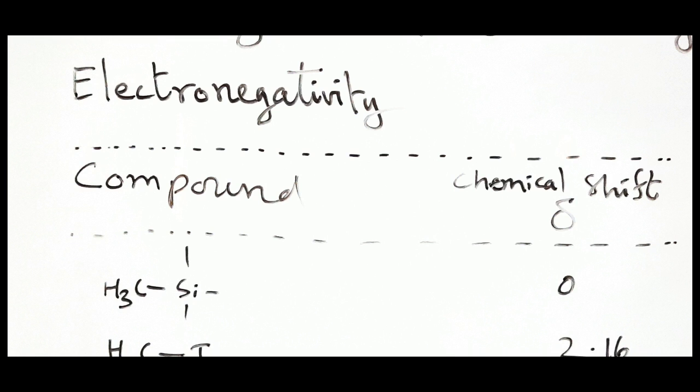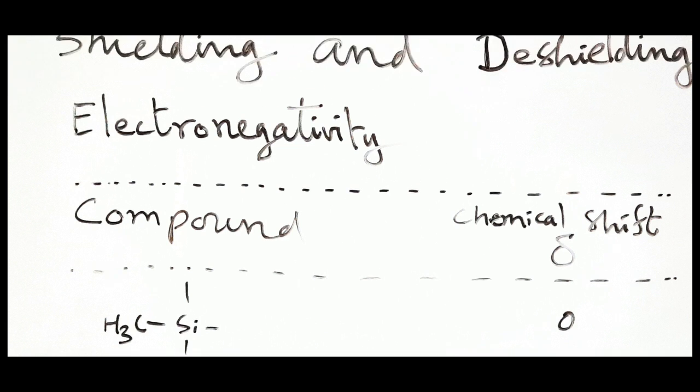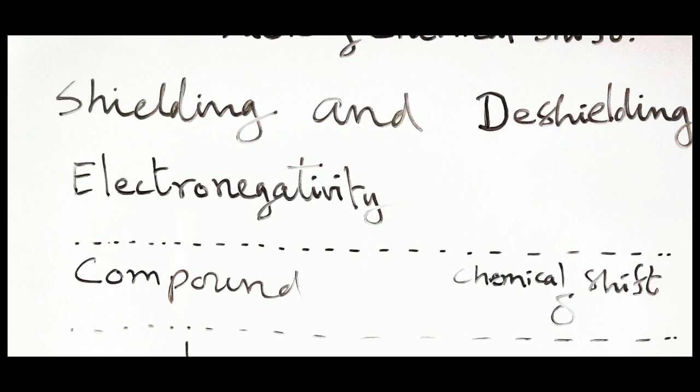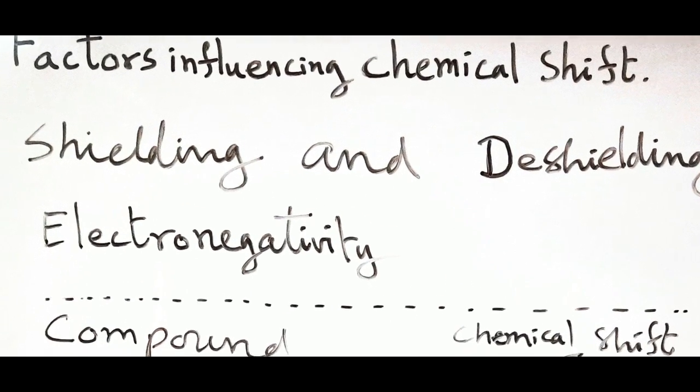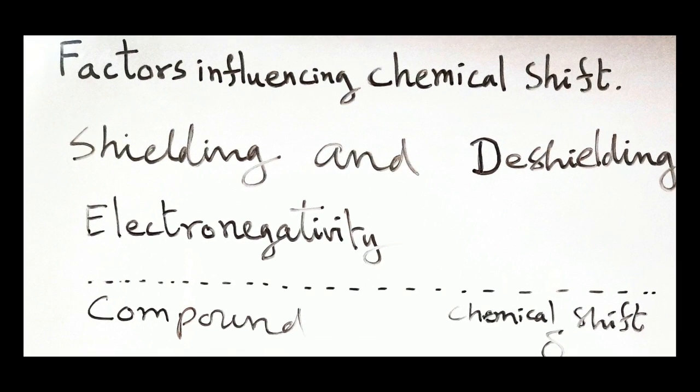But the silicon is highly electropositive when compared with carbon. So the electronegativity and the electropositivity of a substituent must be considered when you are discussing the shielding and deshielding effect that is operating in an organic molecule and its influence over the chemical shift value.